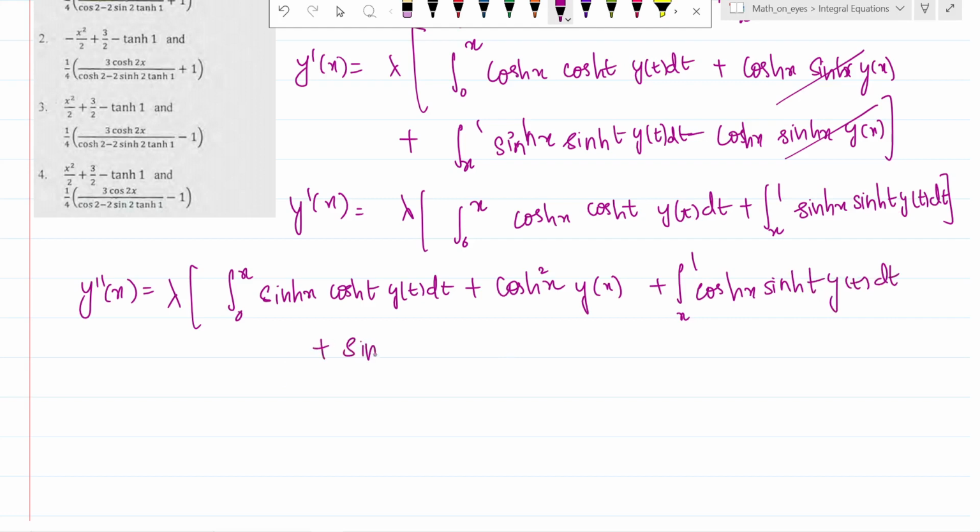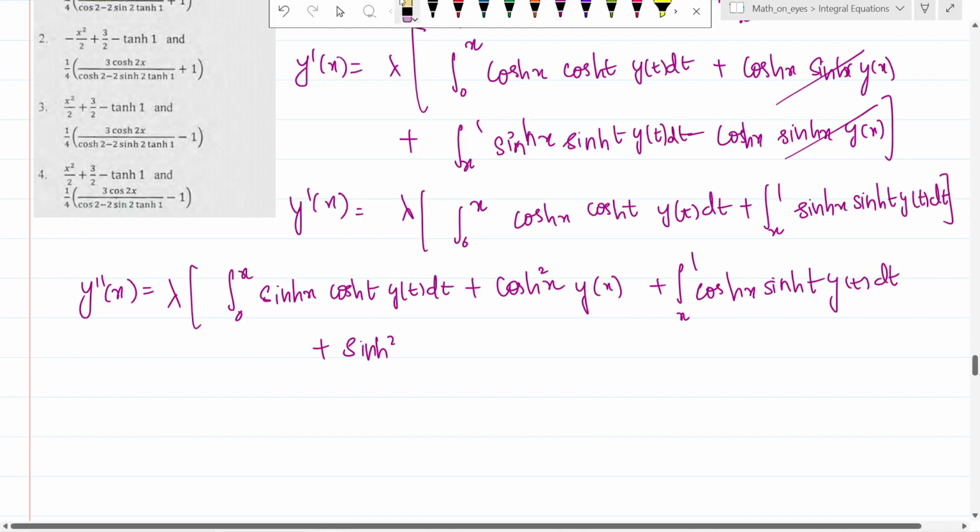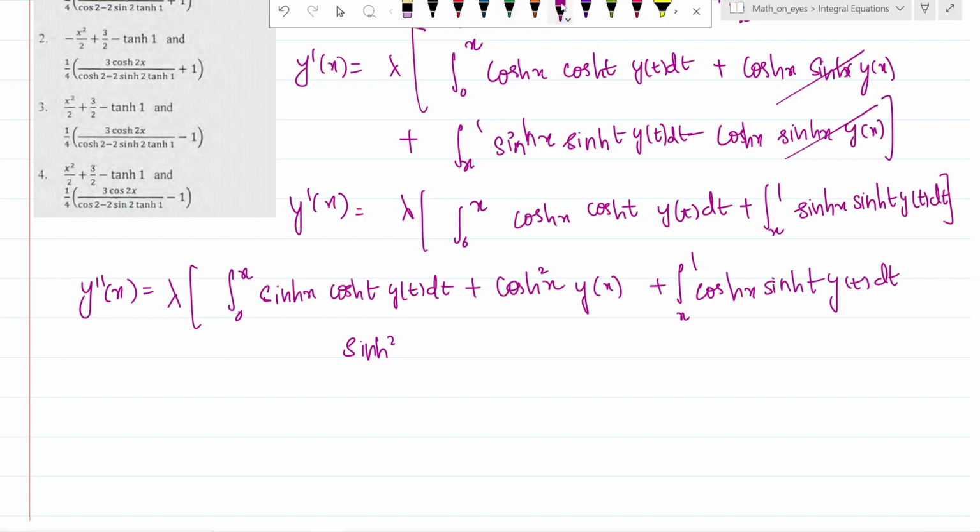So this will give us minus sin h squared x into y of x. So when you combine these two, you can take out y of x from outside. Cos h squared x minus sin h squared x is equal to 1.